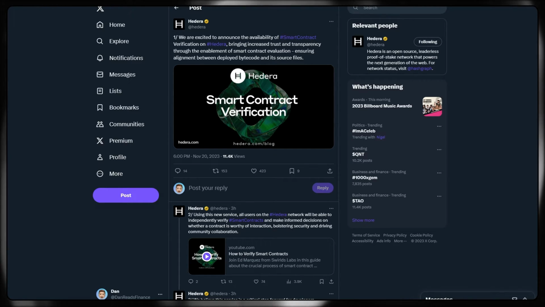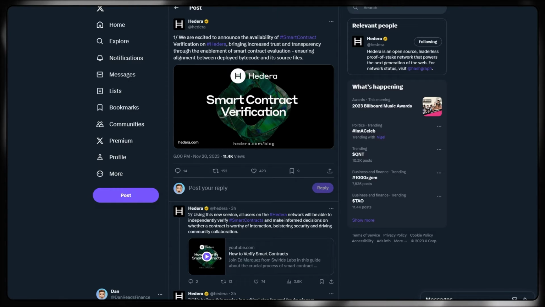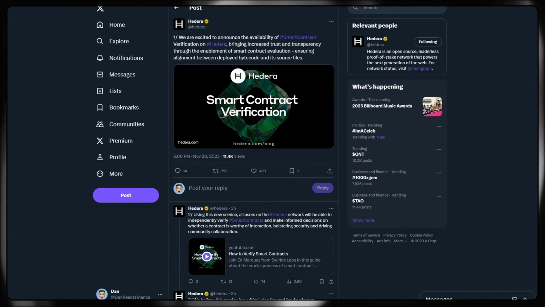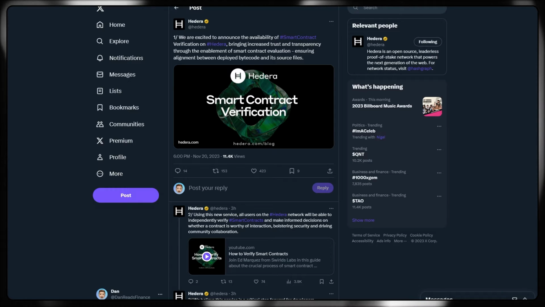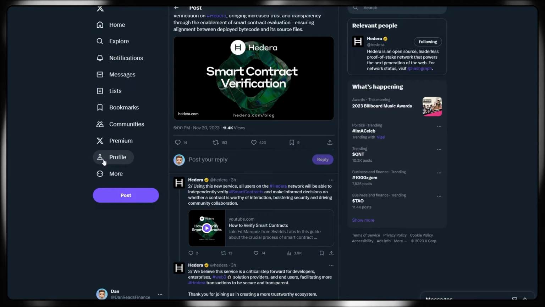First things first though, for Hedera, some really interesting news regarding smart contract verification. So Hedera are excited to announce the availability of smart contract verification on Hedera, bringing increased trust and transparency through the enablement of smart contract evaluation, ensuring alignment between deployed bytecode and its source files.